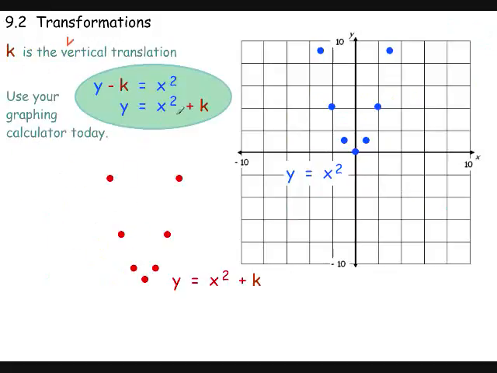Now on to the lesson itself. We're going to be using some stand-ins for constants. This k is going to represent the y component of a certain pair of numbers.